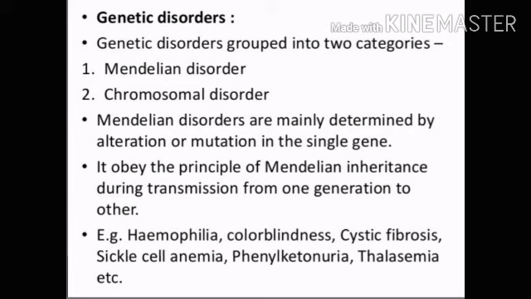Mendelian disorders are mainly determined by alteration or mutation in a single gene, and they obey the principles of Mendelian inheritance during transmission from one generation to another. Examples: hemophilia, color blindness, cystic fibrosis, sickle cell anemia, phenylketonuria, thalassemia, etc.